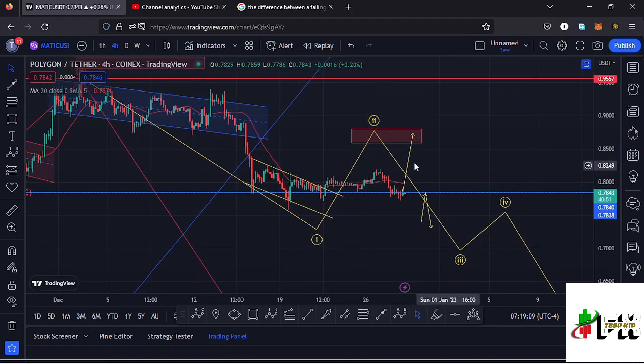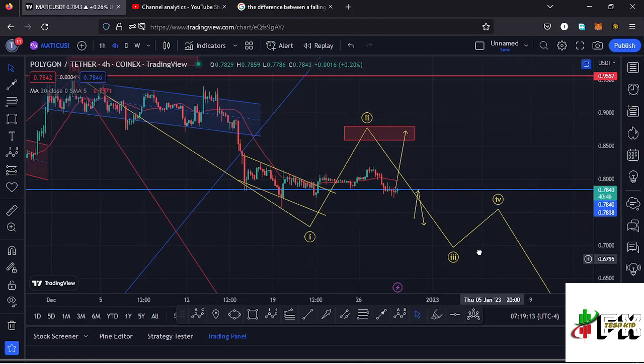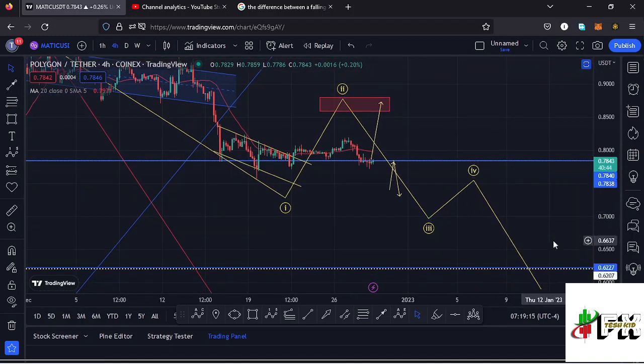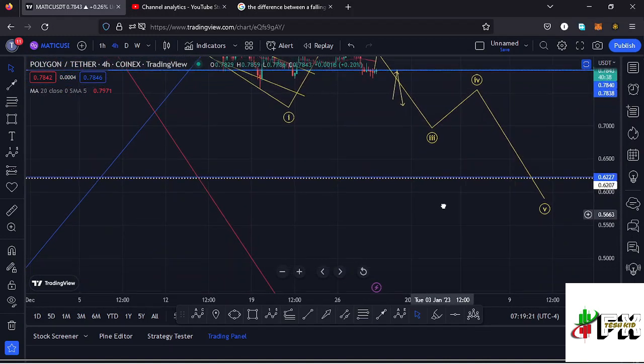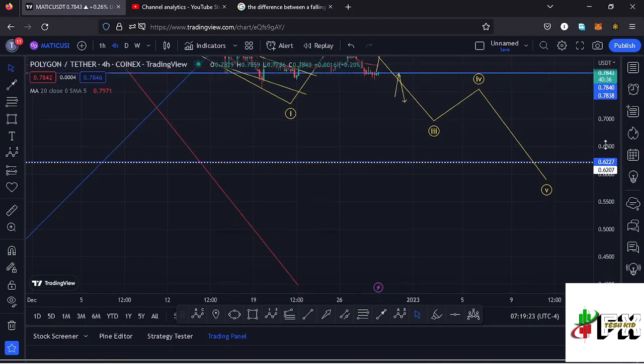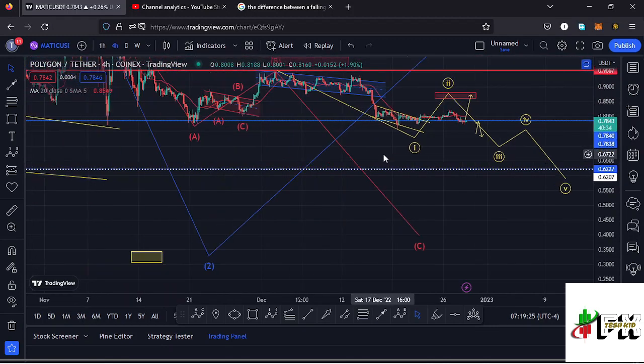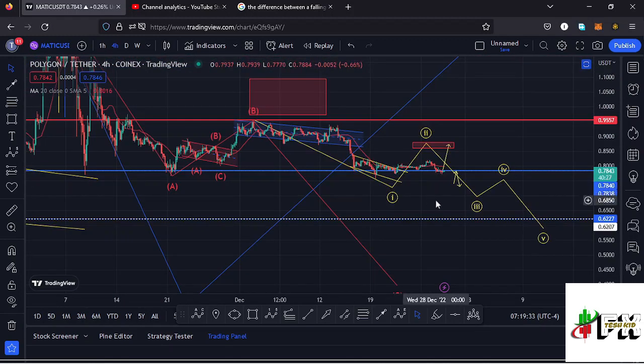Then from there we can expect an impulsive movement to the lower side in the formation of this wave 3, then expect a wave 4 and then continue pushing even lower in the formation of this wave 5 to fully maximize the formation of that wave C and also the formation of that higher Elliott wave count to the lower side. So those are my two possible scenarios that I expect to play out here on the Polygon Matic chart.